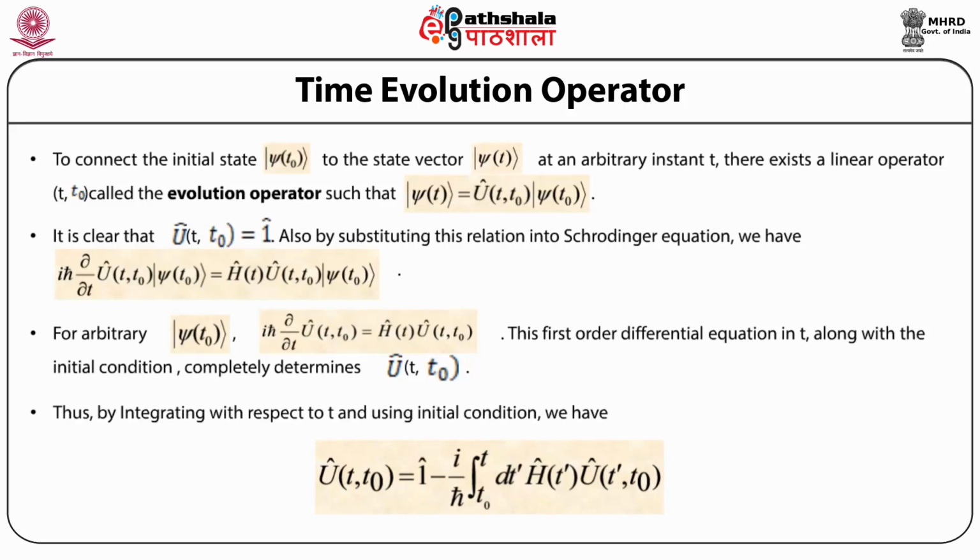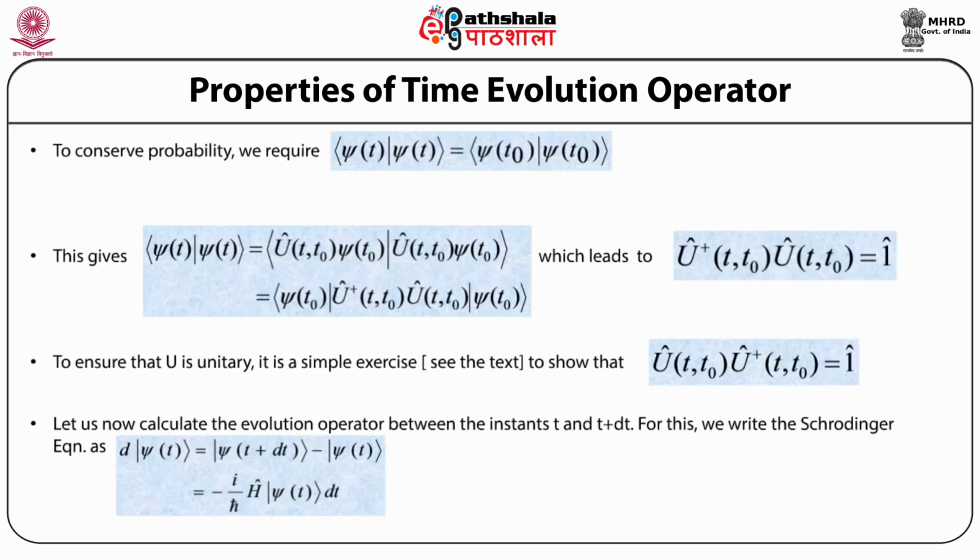The observable A is then said to be a constant of motion, that is, it does not depend on time.